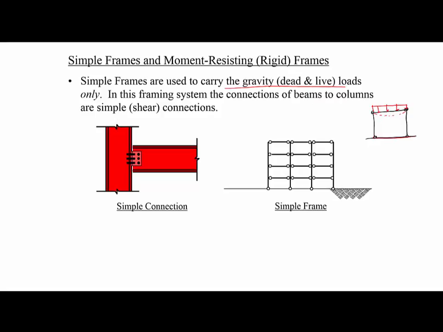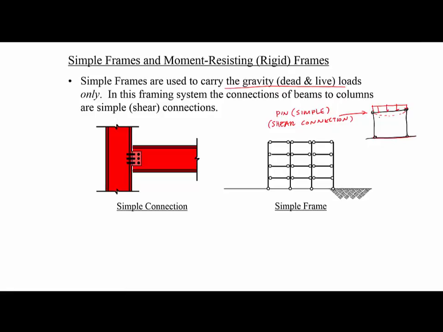As you see here, the connection of the beam to column is a pin connection, or we call it a simple connection or shear connection. Then let me write down here: this is a pin, or simple, or shear connection.